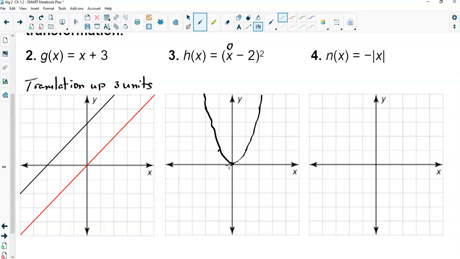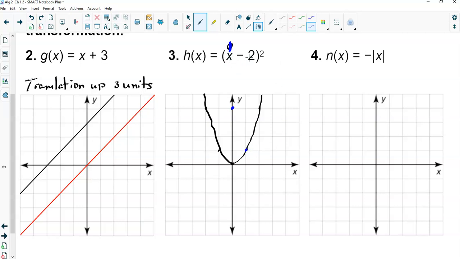So if I put 0 right here, then it would be at 4 right over here. I'm going to plot that point. If I put 1 over here, 1 minus 2 is negative 1, and negative 1 squared is 1. So at 1, it would be over here.